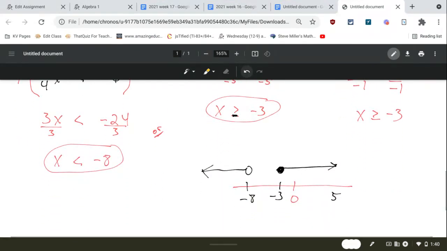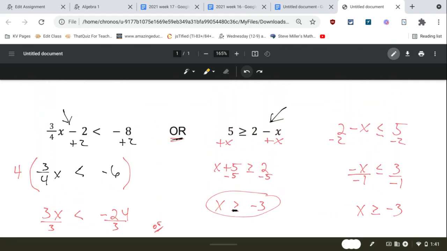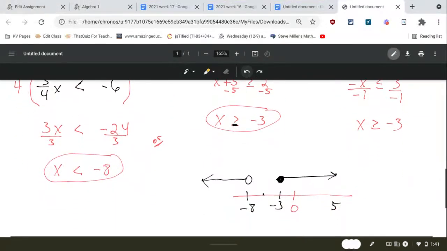But if I picked a number between -8 and -3, like -5 or -6, it wouldn't satisfy either one of these inequalities. Both of them would have been false in the end, and so it wouldn't have been true. All right, that's how you solve a compound inequality.